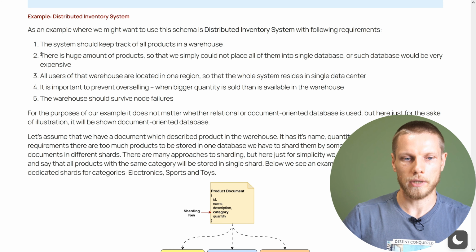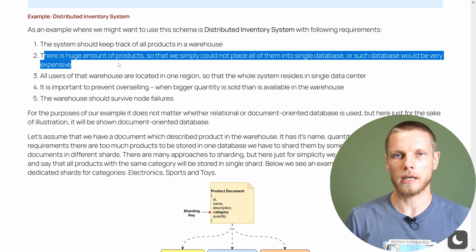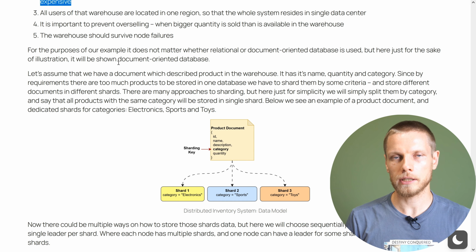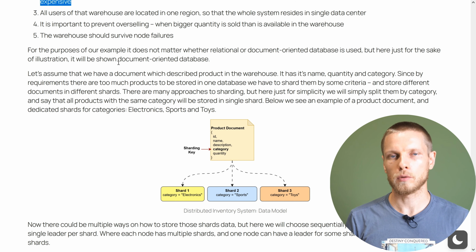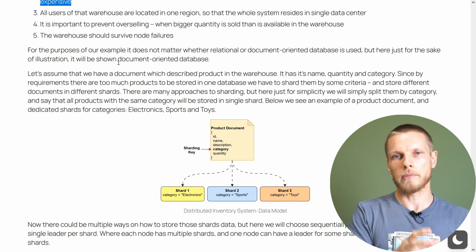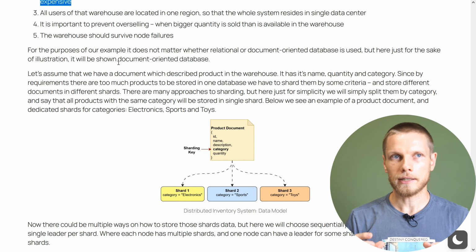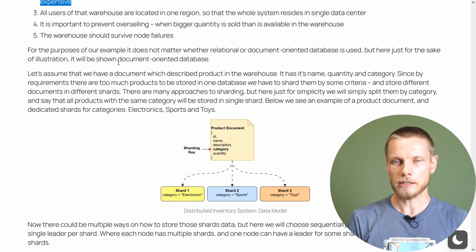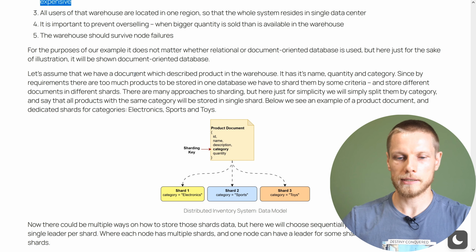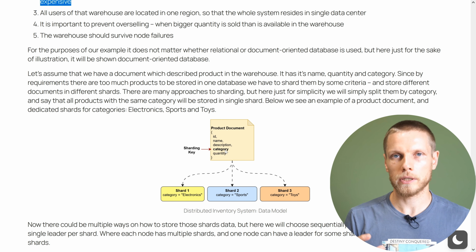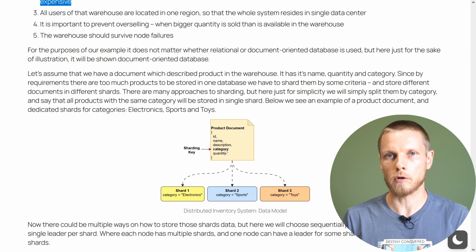And the requirement that we have a huge amount of products that would not fit into a single database suggests that we need to use sharding and split our products across multiple partitions. There can be many approaches to implement this, but here, just for simplicity, we will consider that each product will have a category and each category will reside on its own partition.